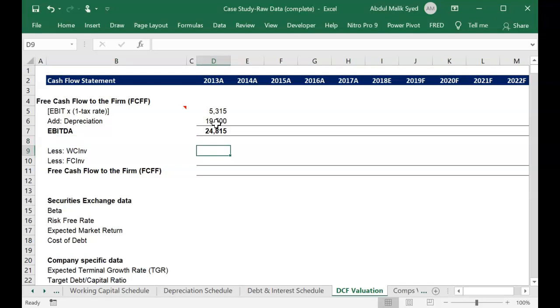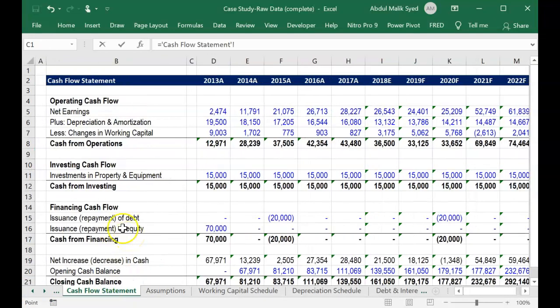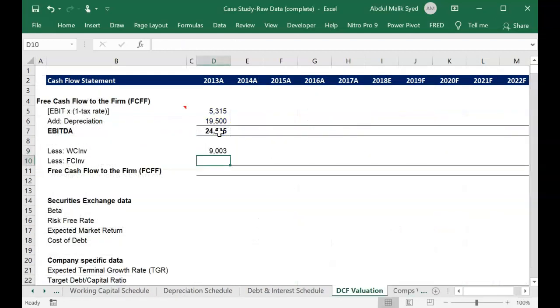Then less working capital investment, that we can get from the schedule or from the cash flow statement. Let's get it from the cash flow statement. Changes in working capital. Okay, and then less fixed cost investment, that is nothing but capex.